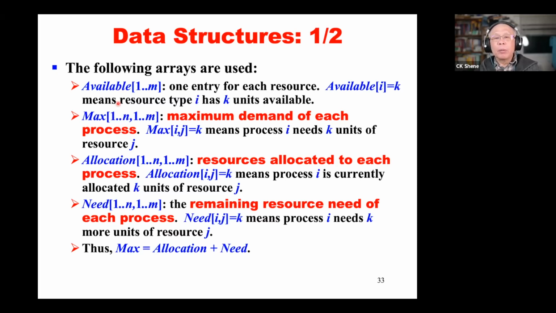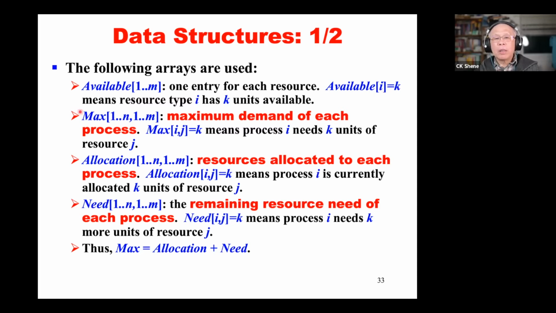The available array has m entries, 1 to m, one entry for each resource. Here, available[i] equals k means the system has k units of resource type i available. So if available[3] equals 10, it means the system has 10 units of resource type 3 available.